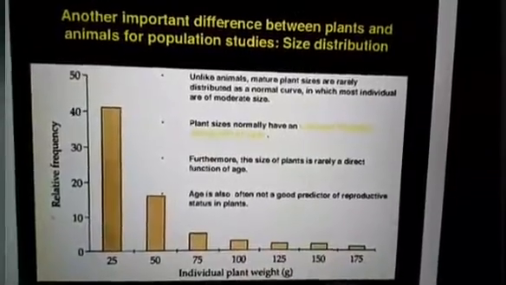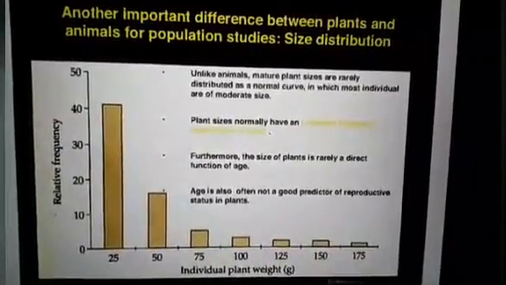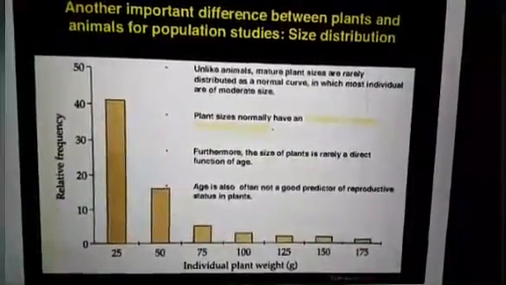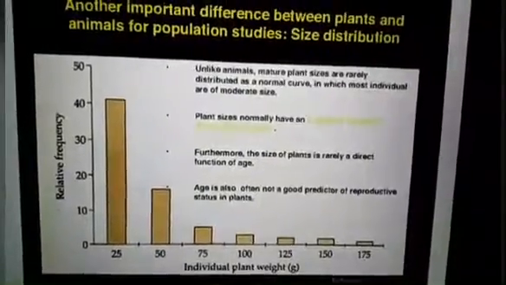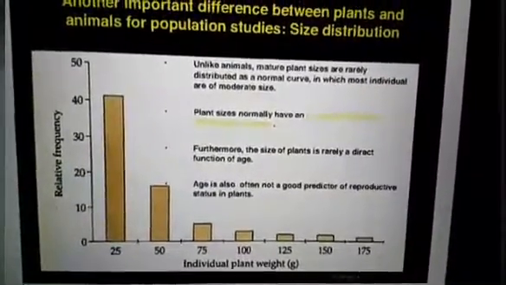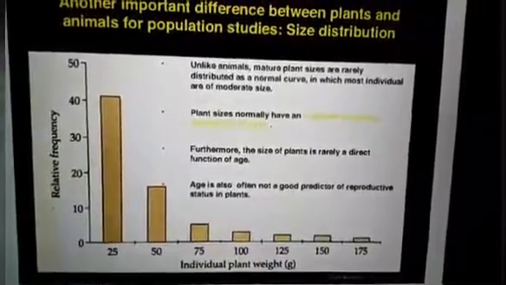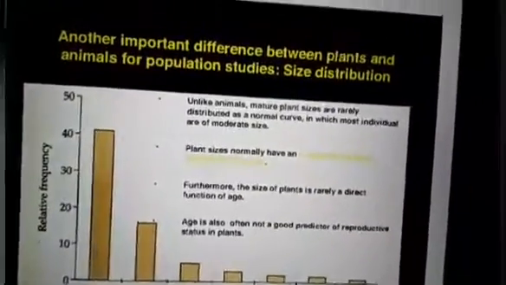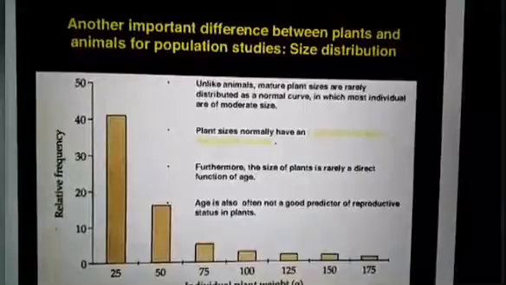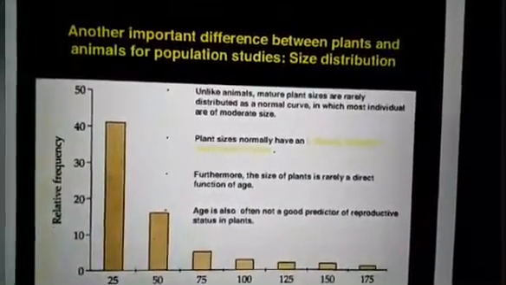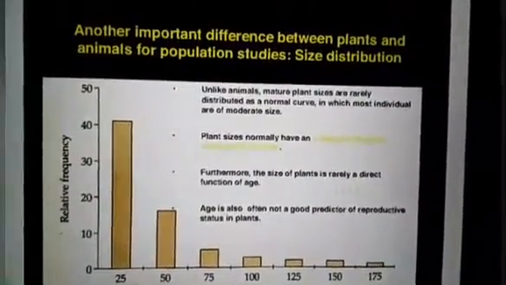Age is also often not a good predictor of reproductive status in plants, because a plant can grow very fast depending on the conditions and also the type of plant it is. Then it can reach maturity at a very young age.